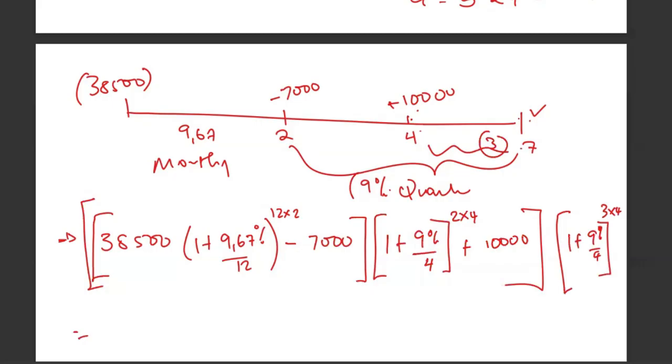Like I said, alternatively, go bit by bit, break down the answers and get what you need. So 38,500 into 1 plus 9.67%, I'm dividing this by 12, to the exponent of, I'll say 24 rather. We are subtracting 7,000. I'll close that bracket, open another bracket. Okay, how am I opening my brackets here? So there are 2 brackets there.